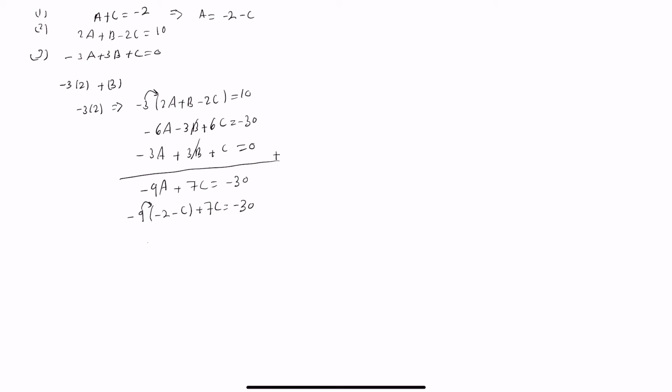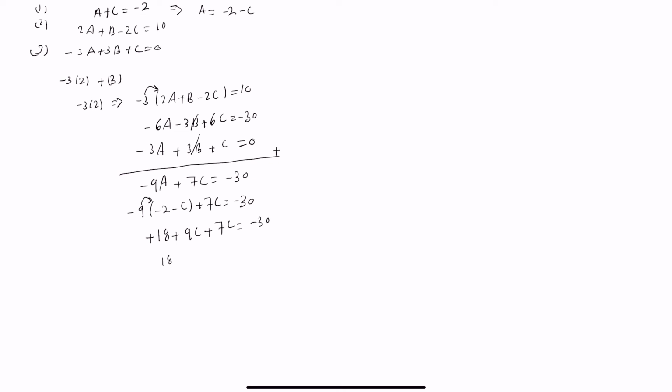It's going to be plus 18 plus 9c plus 7c equal to minus 30. And then 9c plus 7c is 16c, which is equal to minus 30. Now c is going to be equal to minus 30, and then I'm going to move 18 to the other side. It's going to be minus 18, and then I'm going to divide by 16.